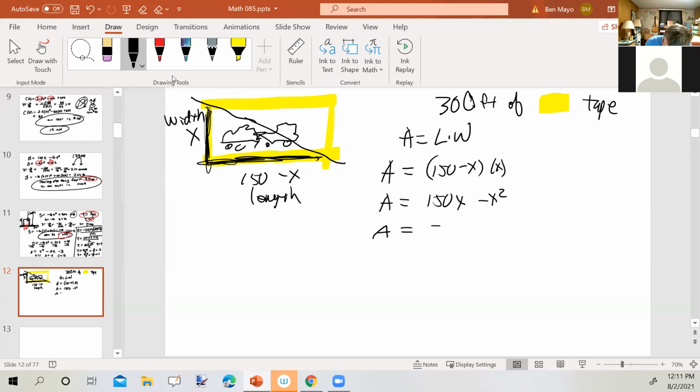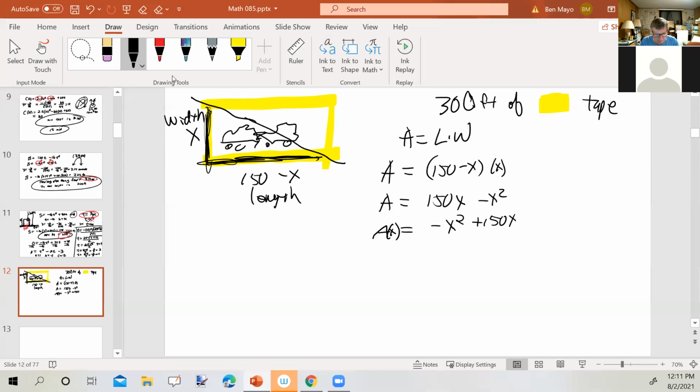I'm going to write this in standard form, descending powers. In fact, let's even use function notation. Let's say A of x equals negative x squared plus 150x. So that is the formula to produce the area of said rectangle.